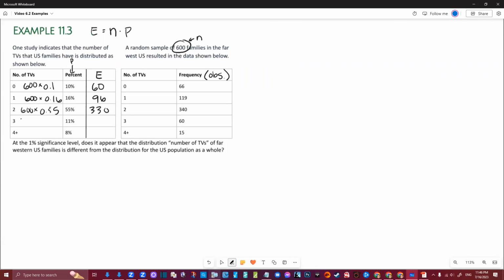And 600 times 0.11, which is 66. And then the last one's going to be 600 times 0.08, which is 48.